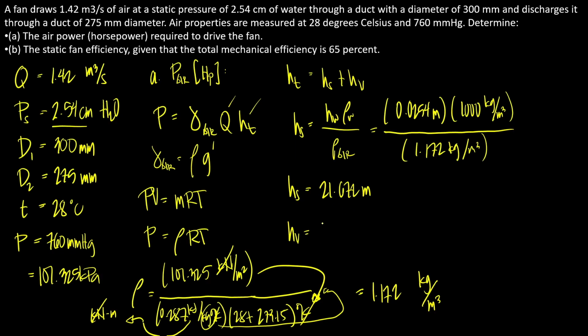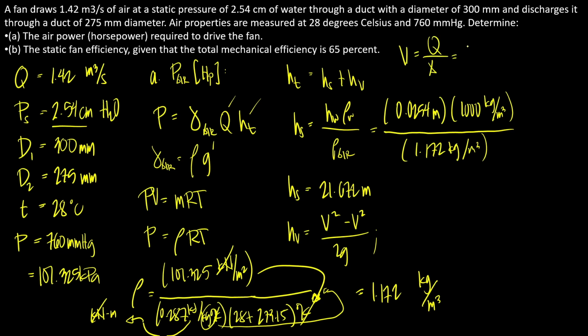HV is just V2 squared minus V1 squared, over 2g. So here we first need to solve for the velocity. We know that Q is equal to AV, therefore velocity is equal to Q over area.